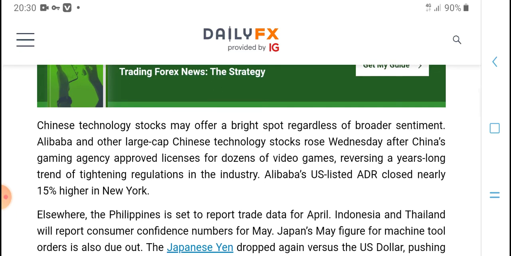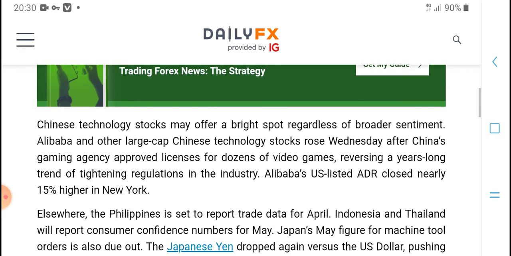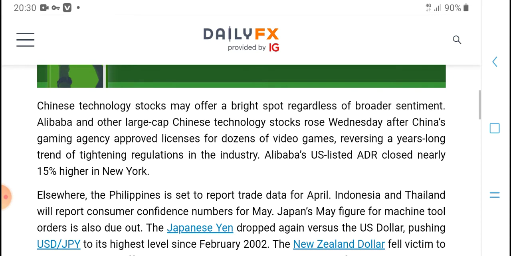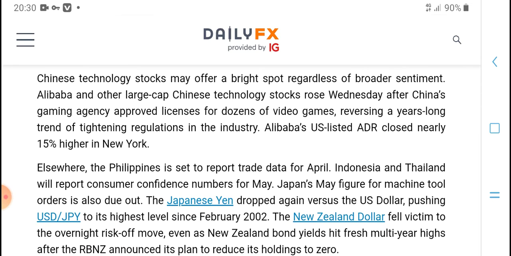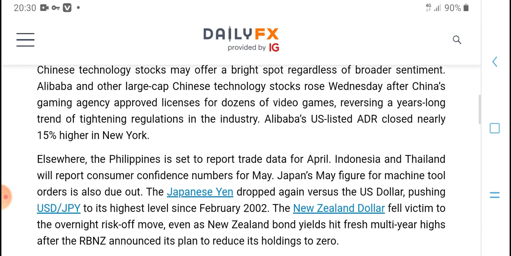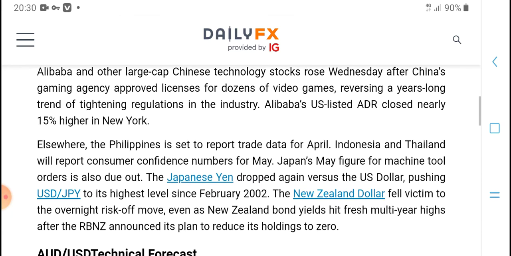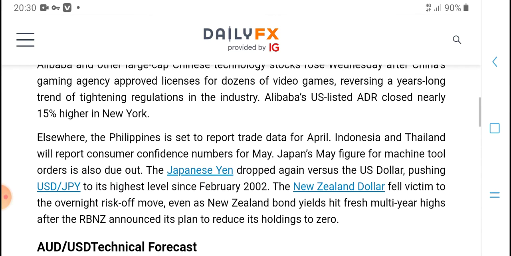Alibaba's US listing and ADR closed nearly 50% higher in New York, and the sales report and trade data will report and constant confidence.